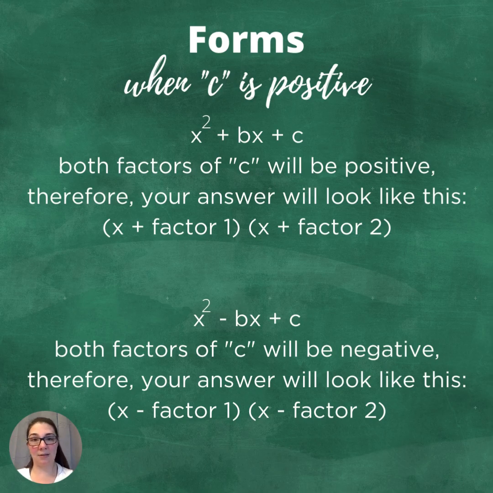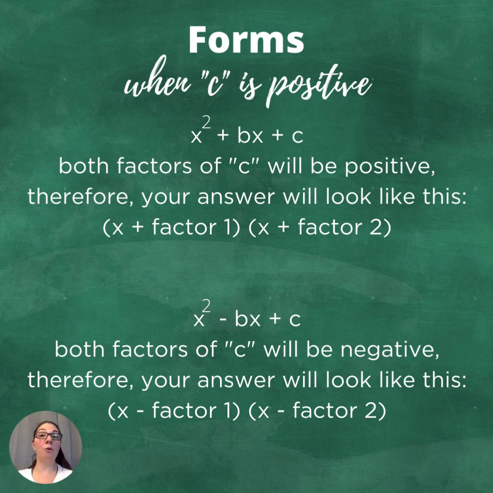When c is positive, the 2 factors of c are going to be the same sign. They're either both going to be positive or both going to be negative. That is the only way you can multiply 2 numbers and get a positive value.